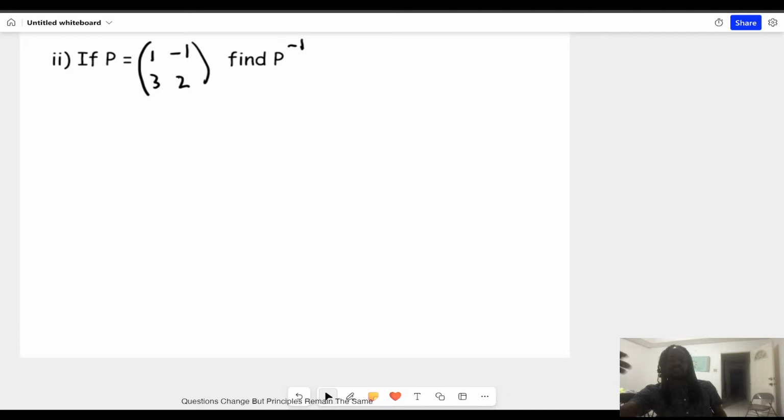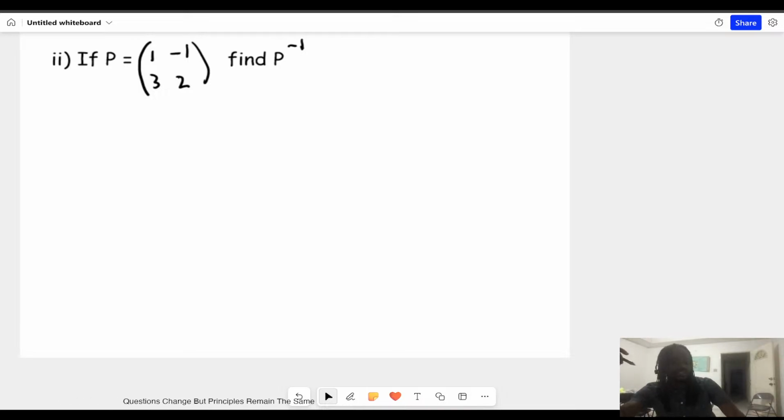In order for you to find the inverse, you have to find the determinant. After you do that, you have to find the adjoint, and then you combine them.